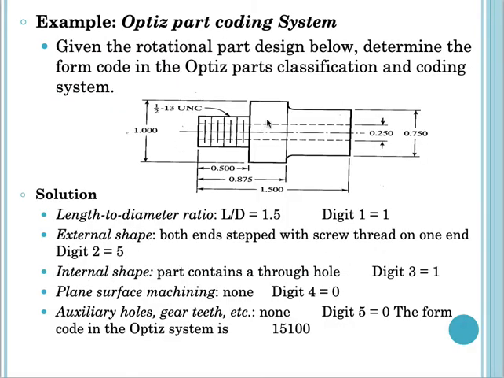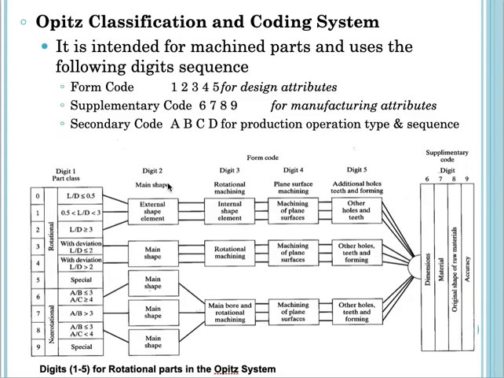And third is what? Internal shape, that part containing a through hole. So digit 3 is 1. The internal shape element is a through hole, isn't it? This is the main bore of rotational machining. That is the internal shape element.